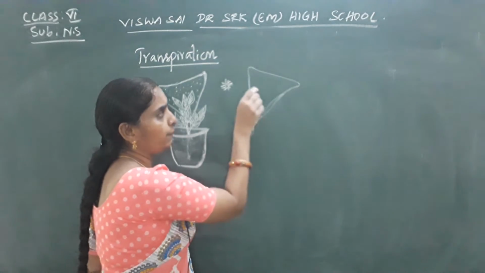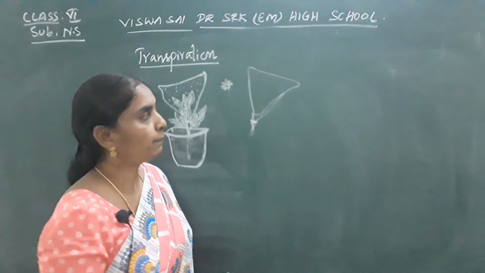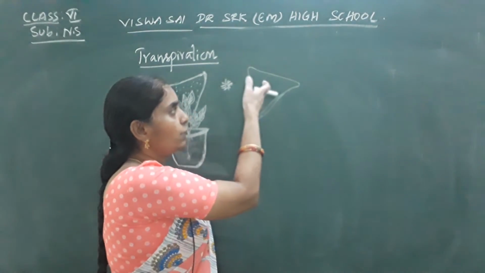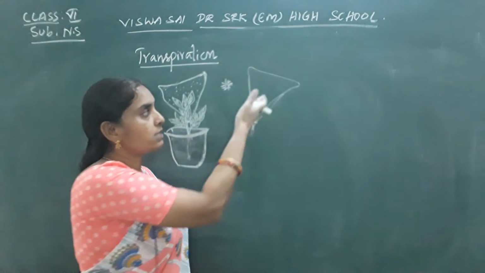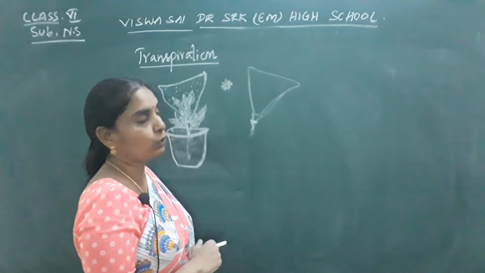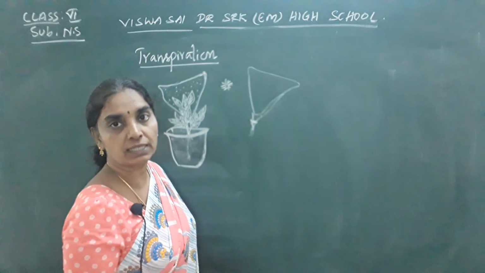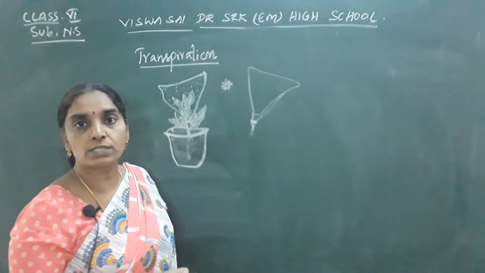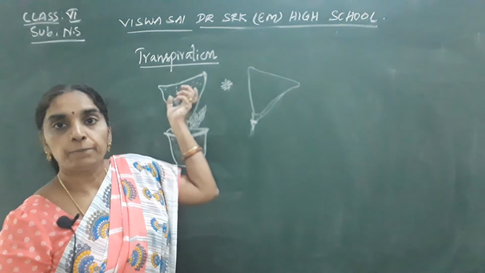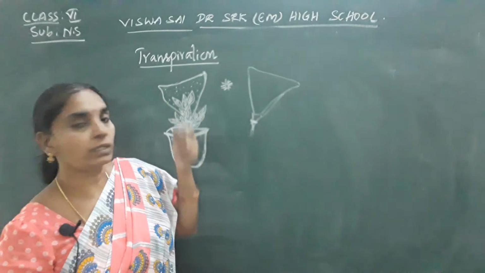But you cannot see any tiny droplets after that night inside the polythene cover that is kept outside. You can see the tiny droplets of water only in the cover kept over the potted plant.